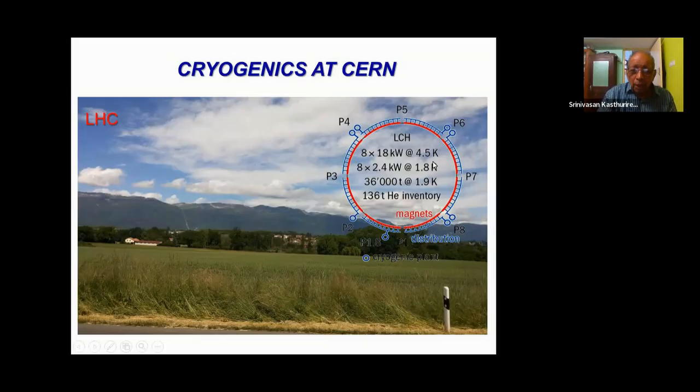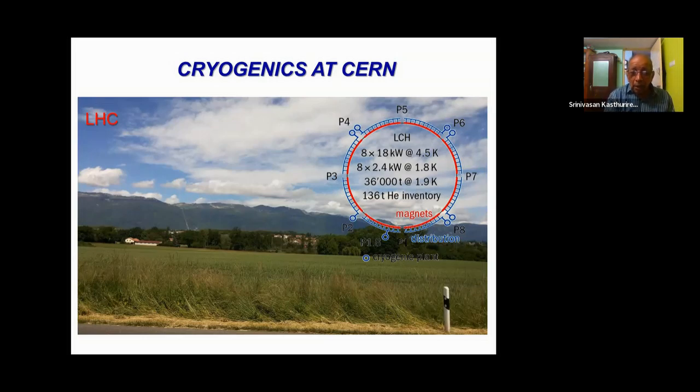The cryogenic requirement is 8 times 18 kilowatt at 4.5 K. See the amount of cooling power that's required. Or 8 into 2.4 kilowatt, which is at 1.8 K, at a much lower temperature.